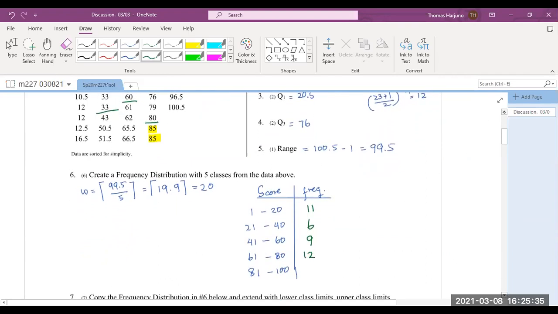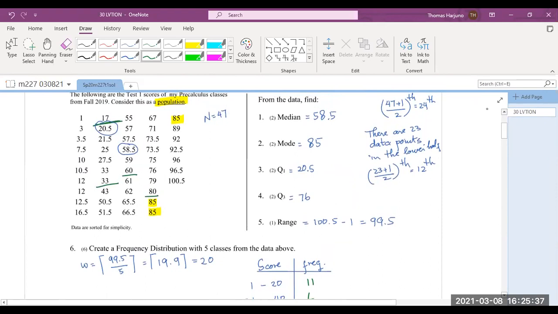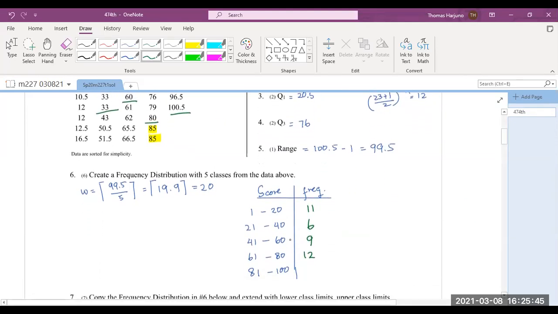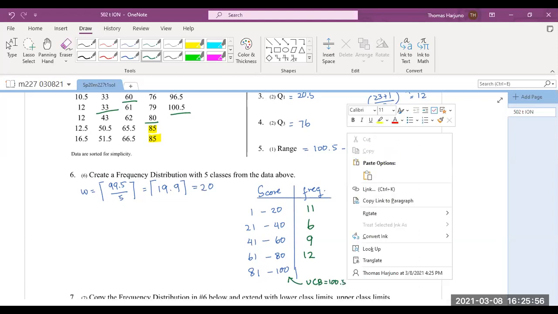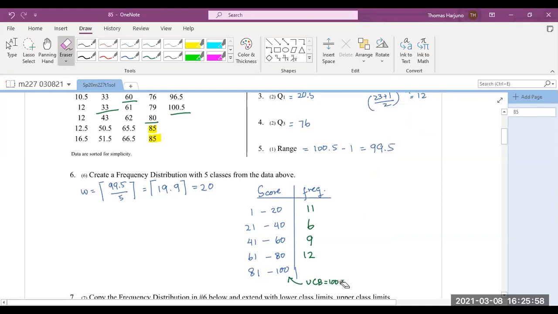And then from 81 to 100, yeah, I include 105 even though the upper class limit is 100. It is because later on you will see the upper class boundary for this is 105. You see what I mean? Okay, that's the upper class boundary. So right at that boundary, I still have that guy.